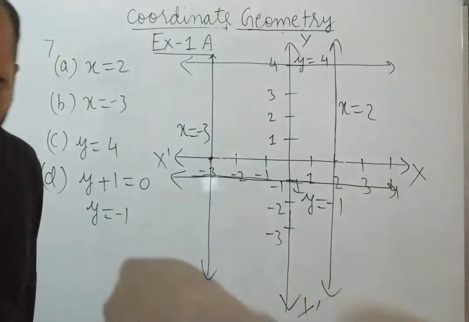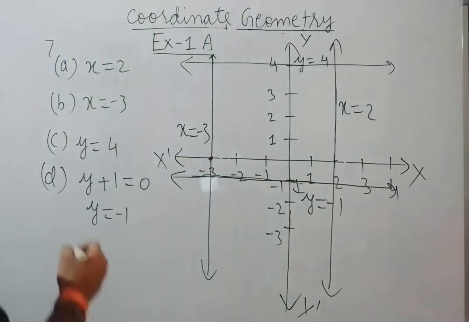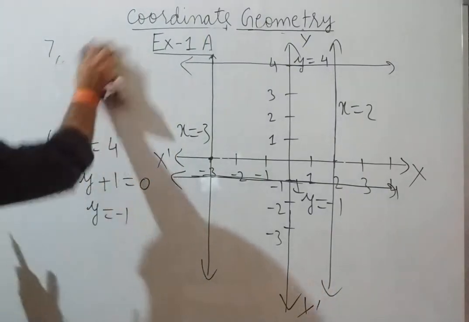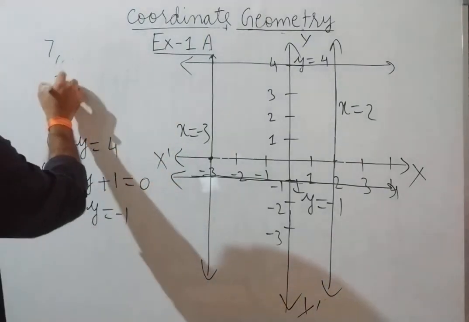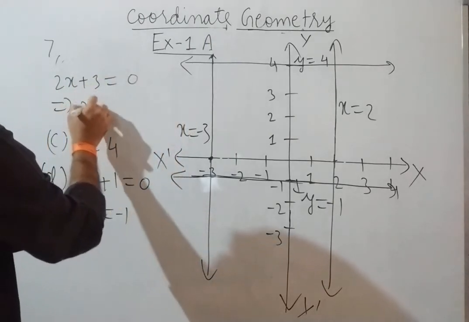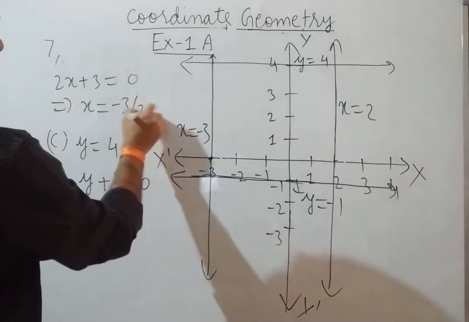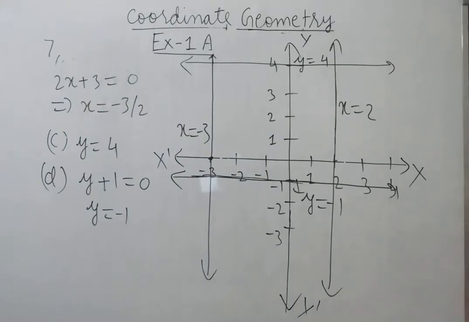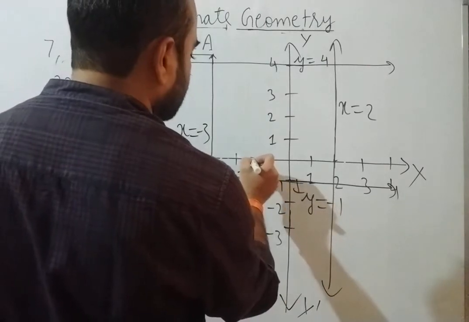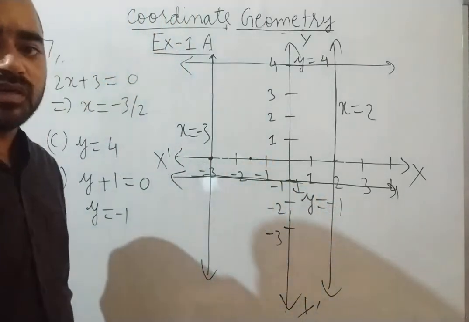Correct? Now last one is 2x plus 3 equal to 0. 2x plus 3 equal to 0. It means what is the value of x? X will be minus 3 by 2. So first locate minus 3 by 2 on x axis. Minus 3 by 2 means minus 1.5. So this mid value between minus 1 and minus 2.